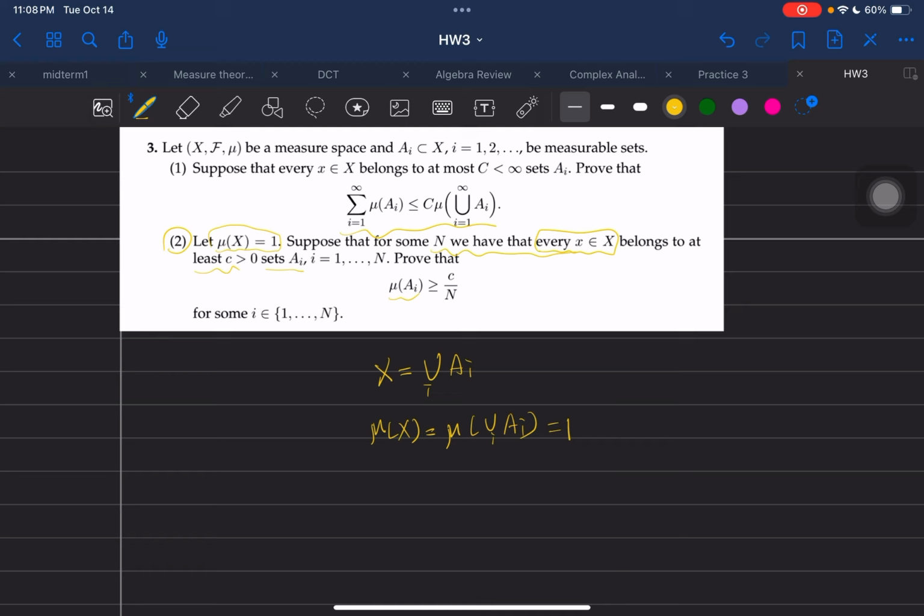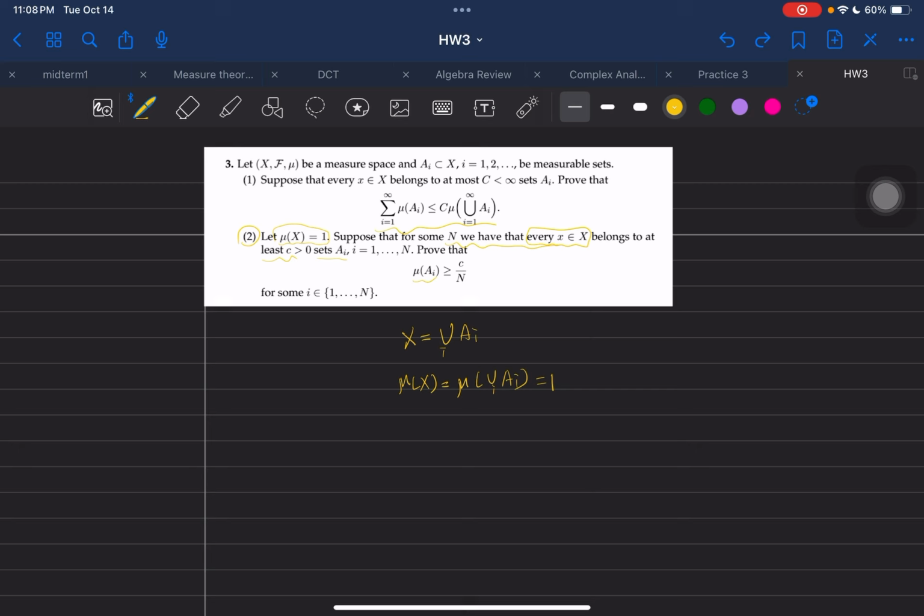We need that information to replace the measure of the union in part 1. So let's first see how it would work in part 1.